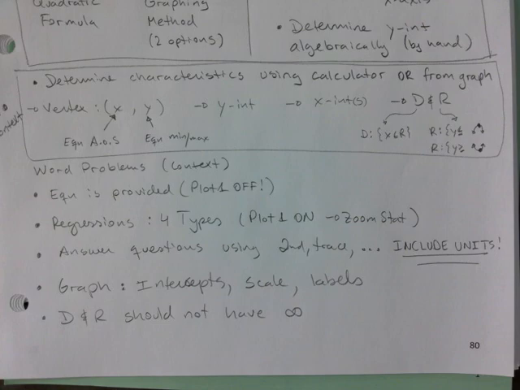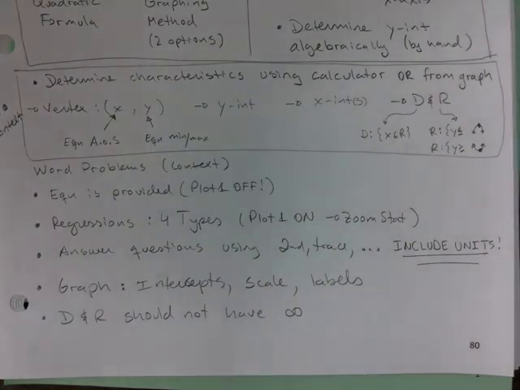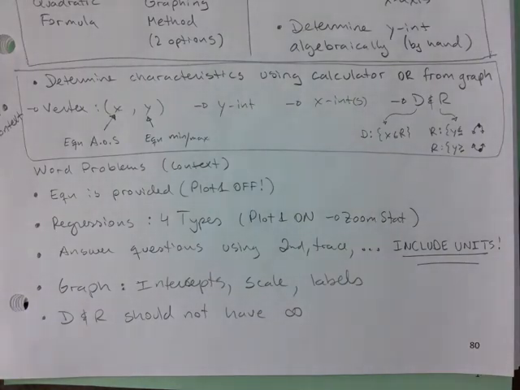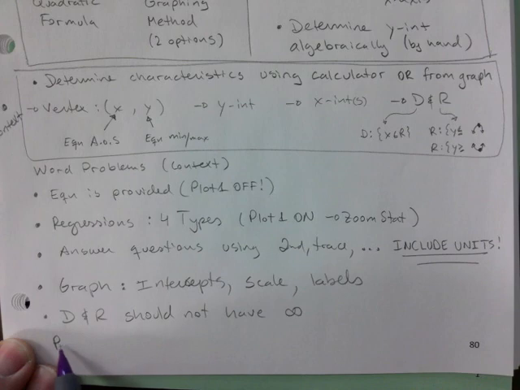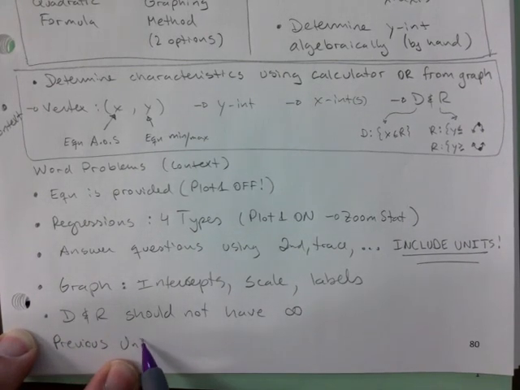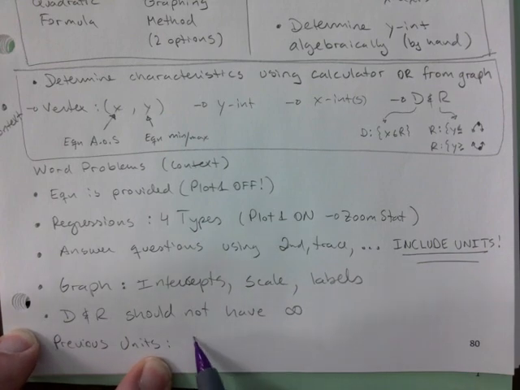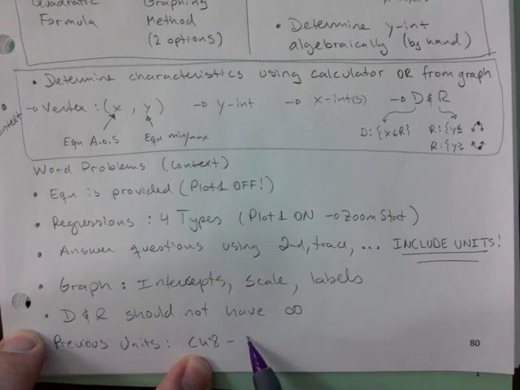That's all I have. The only other thing I'm going to tell you, and there's going to be minimal, maybe 2 to 3 marks worth of questions, is from previous units. Chapter 8, converting rates.